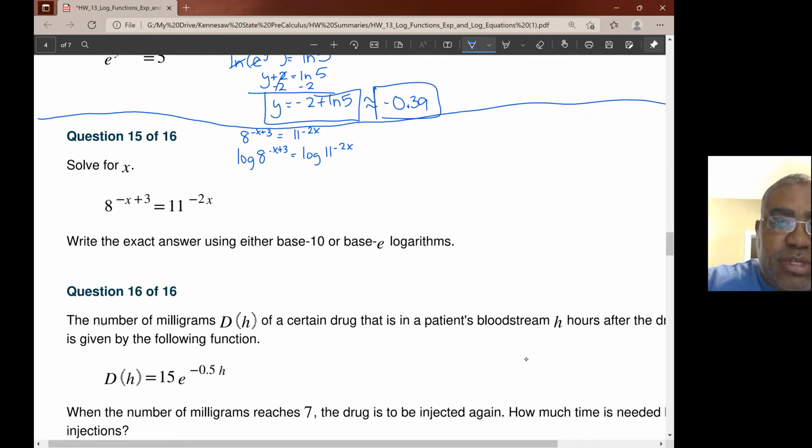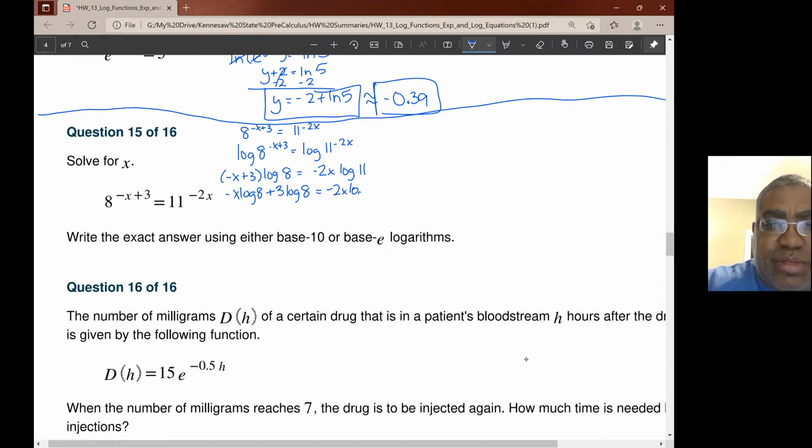Move your exponents. So I get negative x plus 3 log of 8 is equal to negative 2x log of 11. Distribution, negative x log of 8 plus 3 log of 8 is equal to negative 2x log of 11.